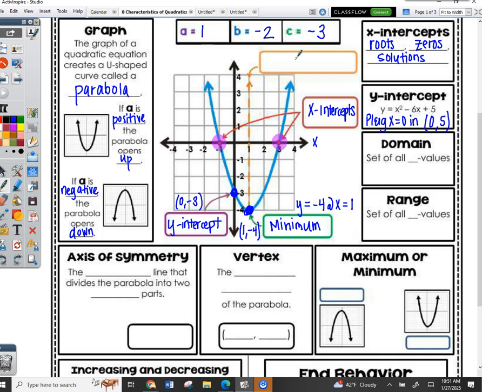There's a math word that starts with S. It works when something is in the middle. What's the second letter? Symmetry. This is our axis of symmetry. This is our axis of symmetry. If you don't know how to spell it, it's on your paper right here.